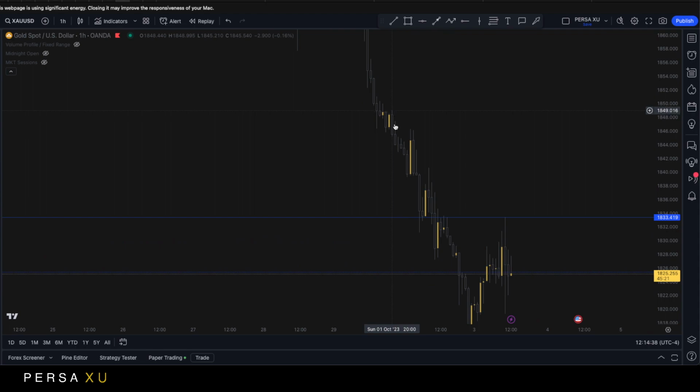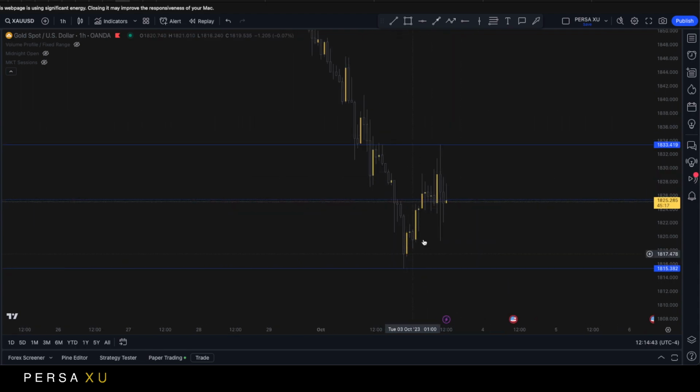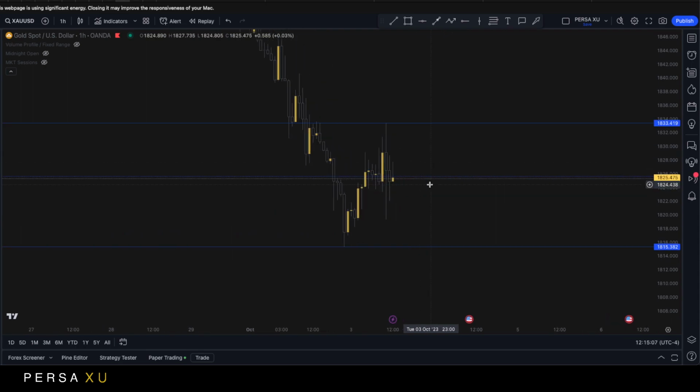Any pullback, continuation, pullback, continuation, pullback, continuation. Now it's reaching a point in which the market is just consolidating, it's finding more orders. That's what's happening.